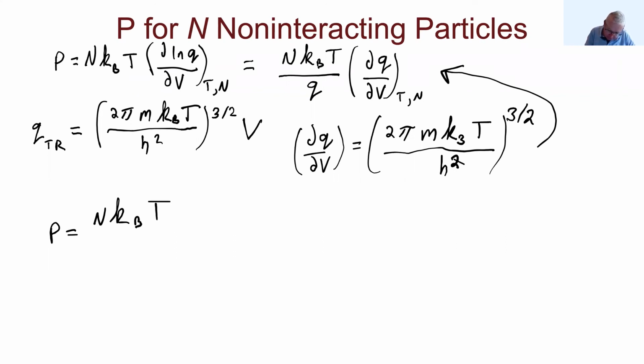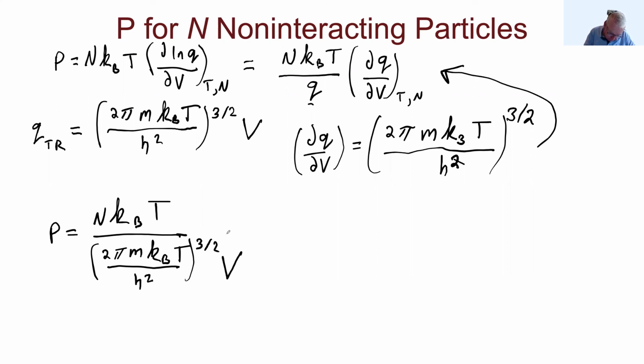and I have NkT over a Q down there, right? So down here, I get my Q again. So that's my (2 pi m kT over h squared) all to the 3/2, and now it's still times volume in there because that's just Q, right? And then up here, I'm just getting this piece from here, right?